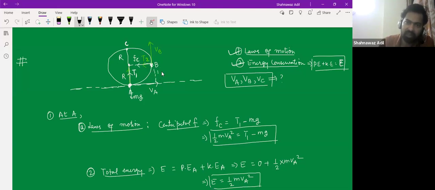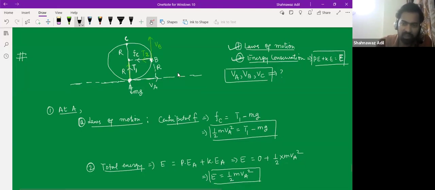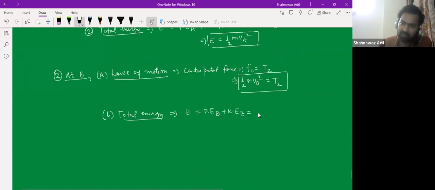That is r. So potential energy is simply mgr, and kinetic energy is half mvb square. So I have got this relation: E is mgr plus half mvb square.